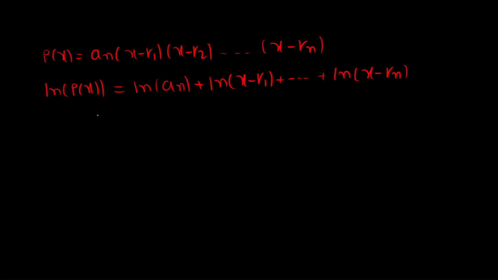Now I'll differentiate both sides with respect to x. I'll get P dash of x by P of x is equal to summation i equal to 1 to n of 1 by x minus ri.